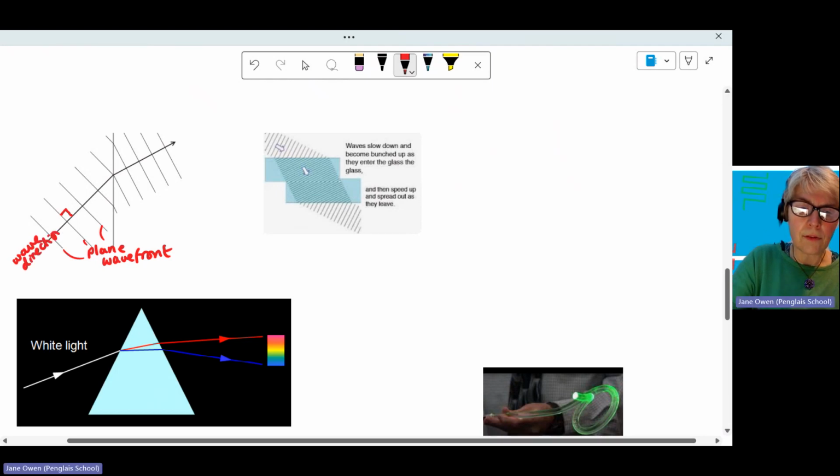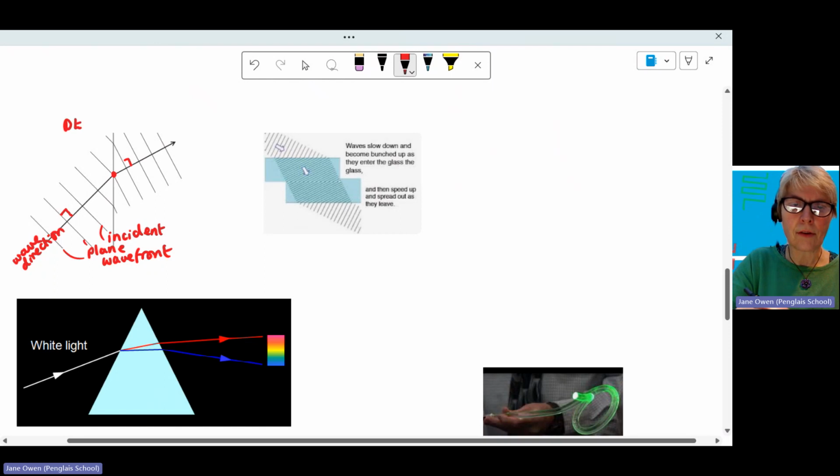And then as it hits a boundary, that wave direction changes. But one thing that does stay the same is that the wave direction is always at right angles to the plane wavefront. So these are kind of like incident plane wavefronts. And then there's a difference between, say, if it's deep and shallow.